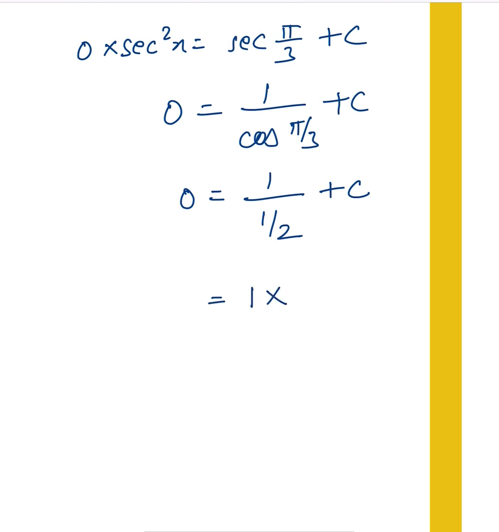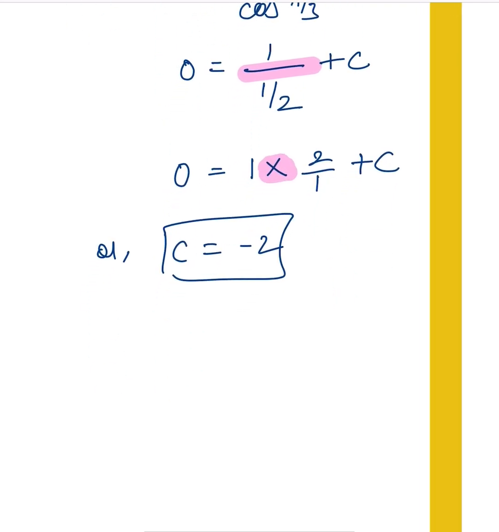Remember, this division changes to multiplication and you reciprocate the denominator fraction and you bring it up. That is the formula, plus c. 0. Or c is equal to how much? 1 times 2 is 2, or c is equal to minus 2. Take this value, hence the particular solution will be y sec square x equals sec x minus 2.